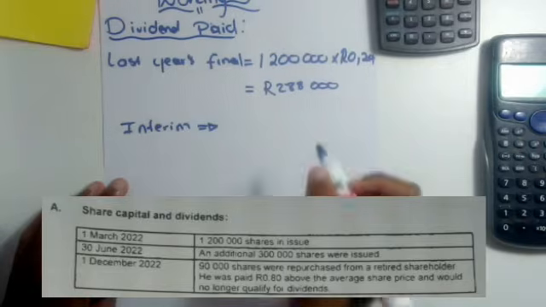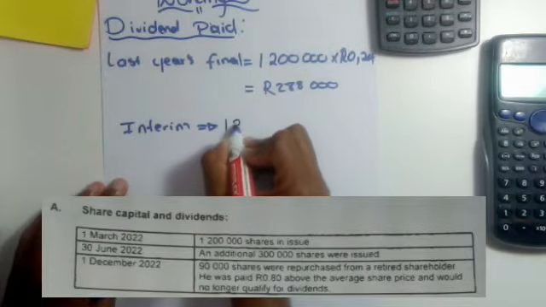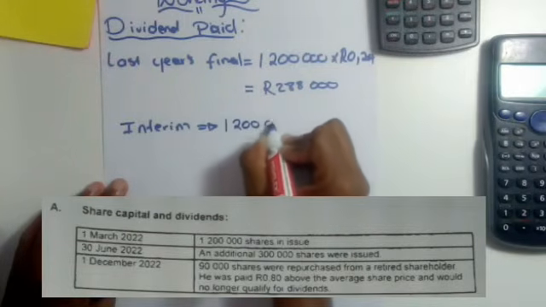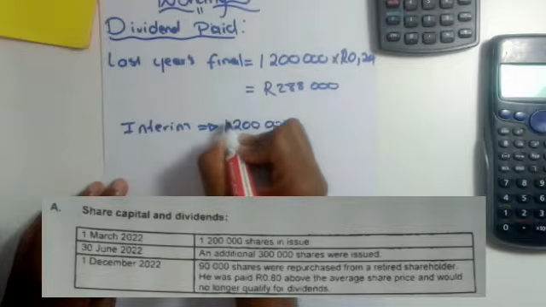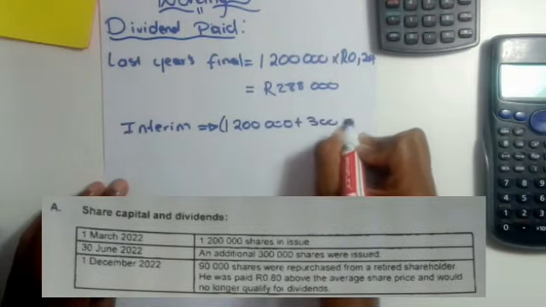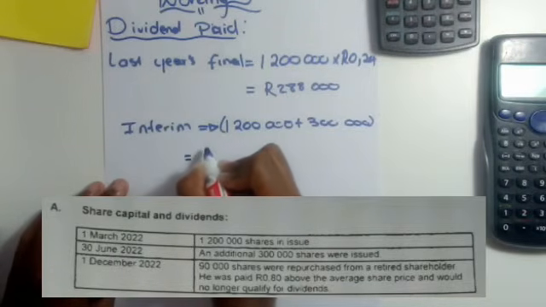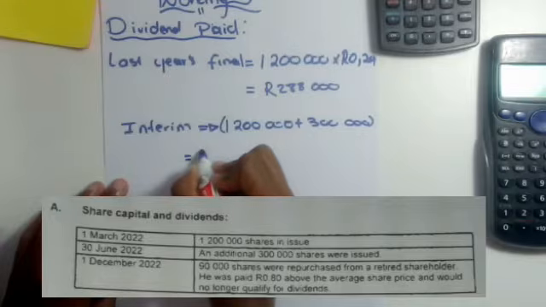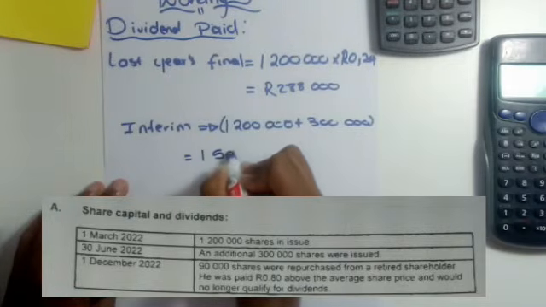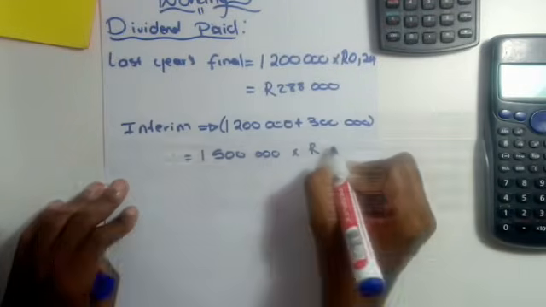So the shares that were in issue by the time I was paying my interim are the ones that I began my year with, which is my 1.2 million, plus the 300,000 additional shares that I also issued. So the total shares that I had to pay the interim on were 1,500,000 shares, and I paid for them an interim of 30 cents.